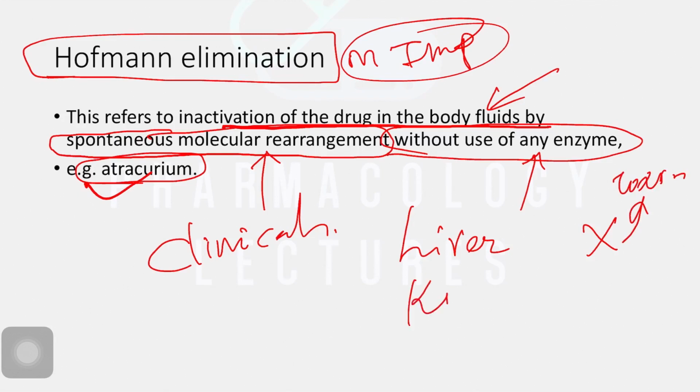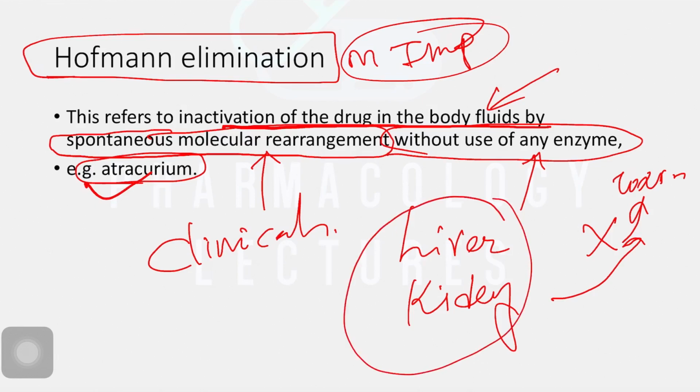Can you give drugs which get metabolized through the kidney? What if the kidney is also damaged or not functioning properly and we are giving a drug which gets metabolized or excreted through the kidney? Those drugs again get accumulated in the body and produce toxic effects. But in both these conditions, if a patient has liver damage or kidney damage, can we give this kind of drug?